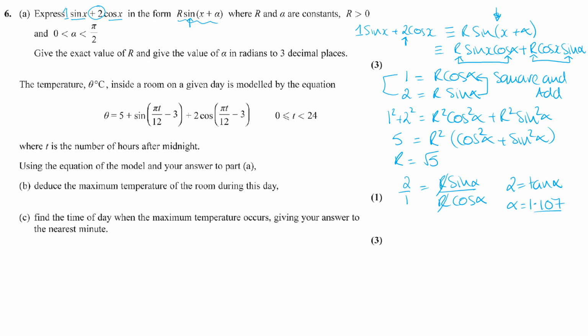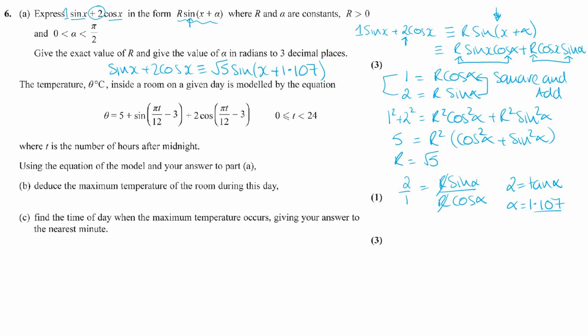So if we go back and write our equation, sine x plus 2 cos x is the same as root 5 sine of x plus 1.107.